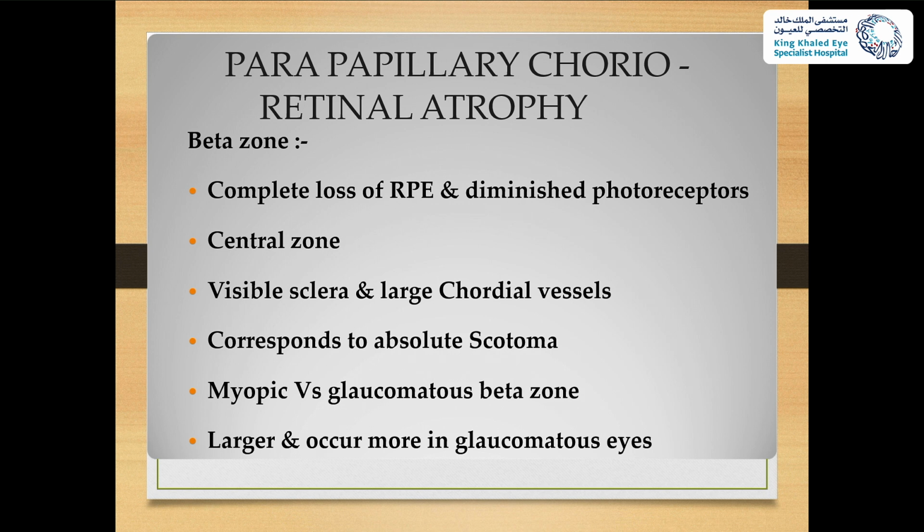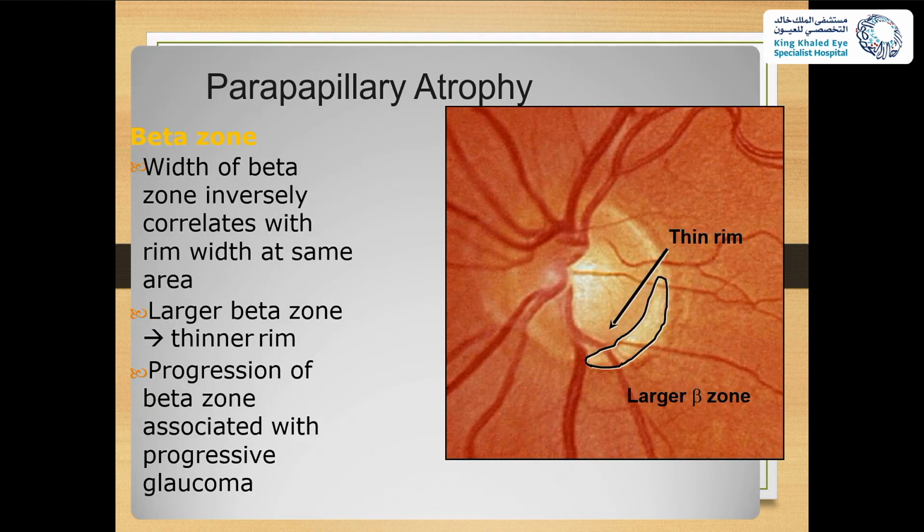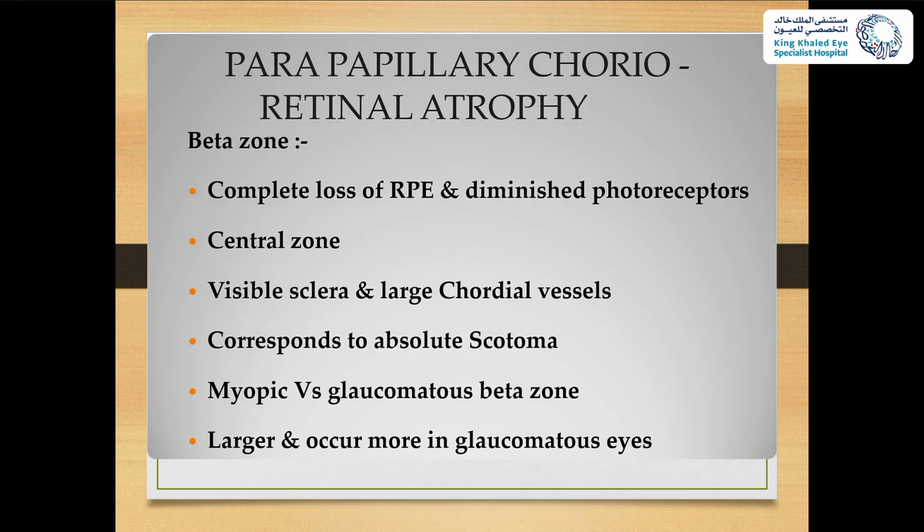Parapapillary choroidal atrophy, the beta zone, as I said, is a complete loss of RPE and diminished photoreceptors. It is the central zone of the RPE. Visible sclera and large choroidal vessels seen under the retina correspond to the absolute scotoma in the visual field. Myopic versus glaucoma: the beta zone is larger and occurs more in glaucomatous eyes.